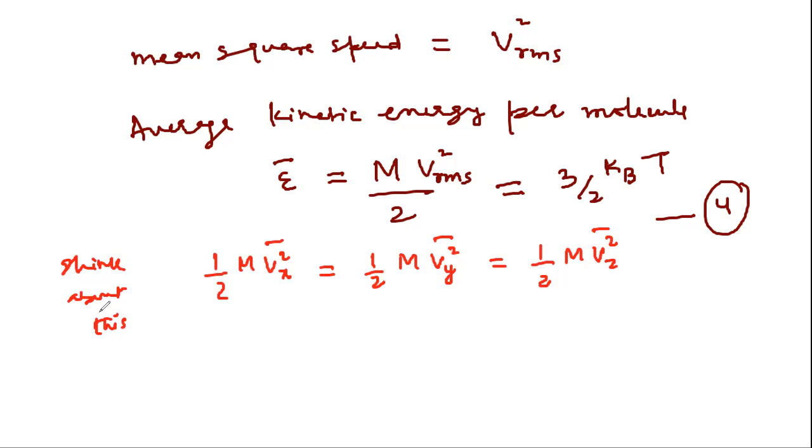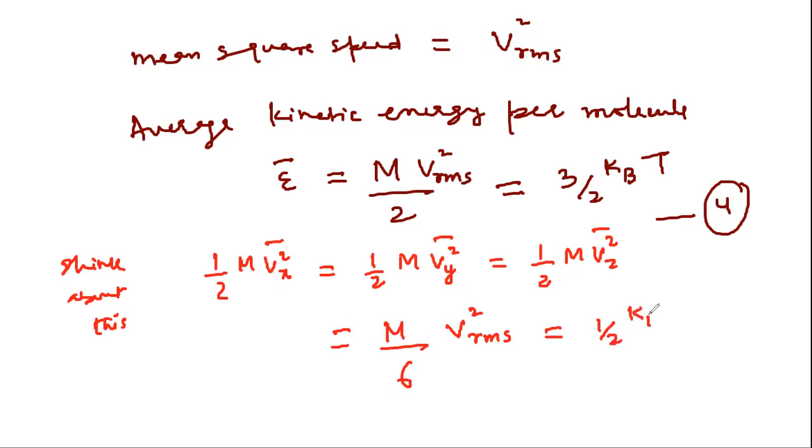Therefore, I can write it equal to m/6 V_RMS square, which is half of kT.